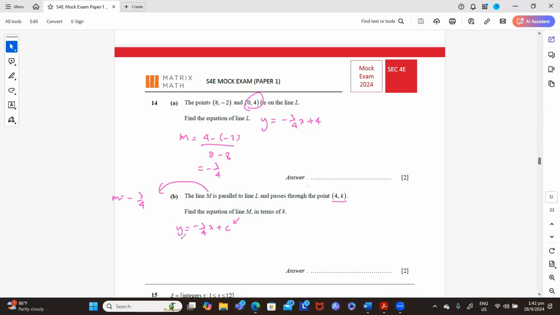So when x equals 4, y equals k. So k equals minus 3 over 4 times 4 plus c, so c equals k plus 3. So the equation of M is y equals minus 3 over 4 x plus k plus 3.